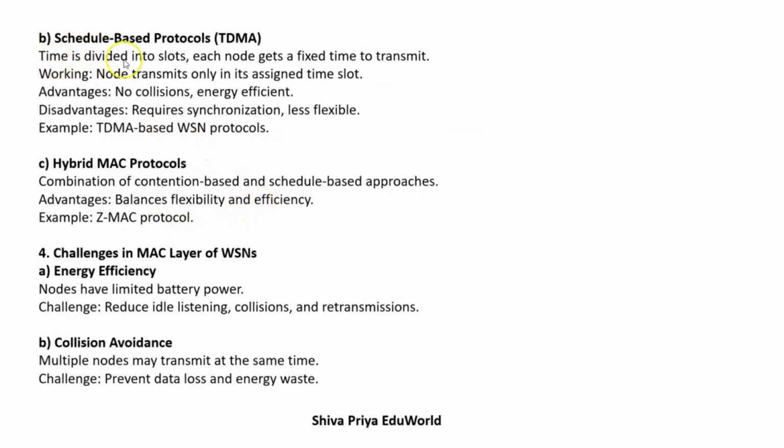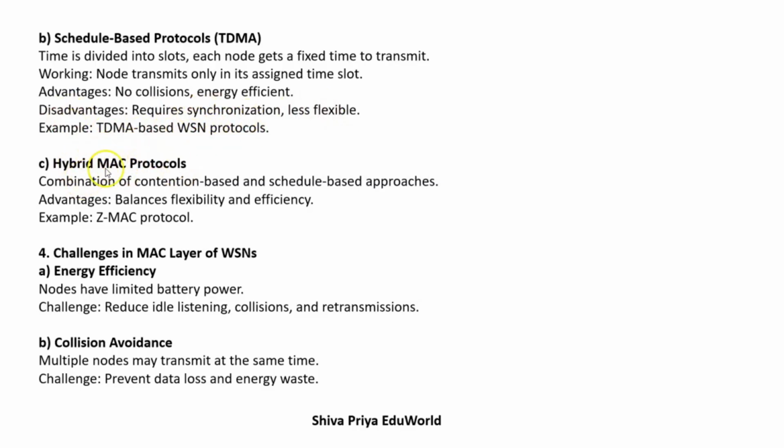How it works: a node transmits only in its assigned time slots. And the advantages are no collision, because each and every node has its own slots, and it is energy efficient as well. Disadvantages are that it requires synchronization and is less flexible. For example, TDMA based WSN protocols.